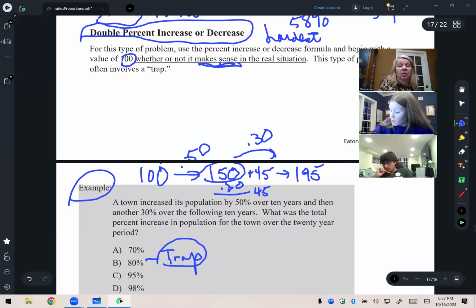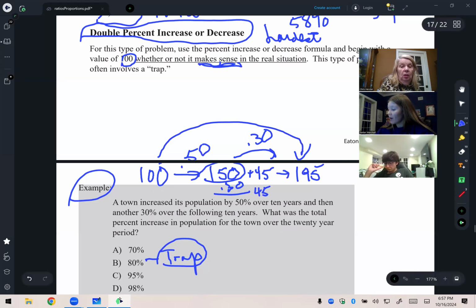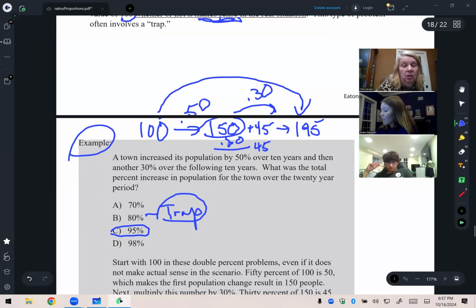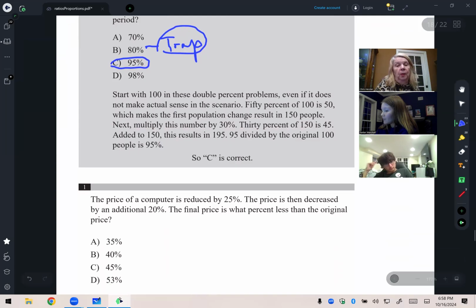Because from 100 to 195, we put it over the original, which is 100. So 195 over 100, that's 95%. You could pick realistic numbers for your town, but then it's just gonna make the math hard. And all they want is the percent.